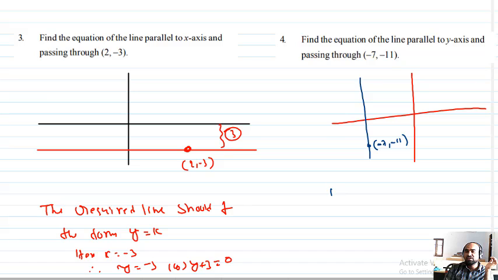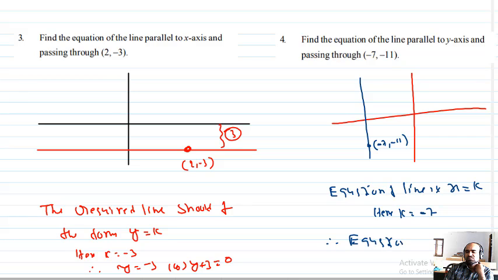The equation of the line is x equal to k. What is k here? k equal to -7. Therefore, the equation of the required line is x equal to -7, or x plus 7 equal to 0.